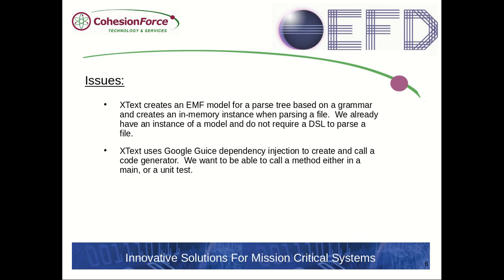It can do things like look up this particular ID, do the linking phase of things. But our issue is we already have the EMF model, and I'm not parsing a data file to get all of this specification stuff. So I only need the back half of what they're doing.